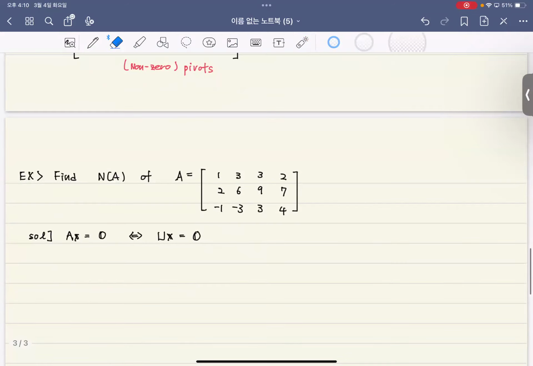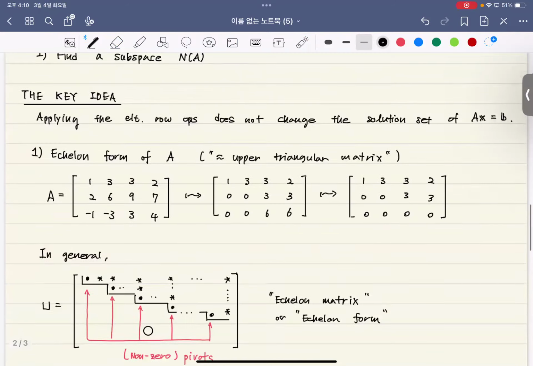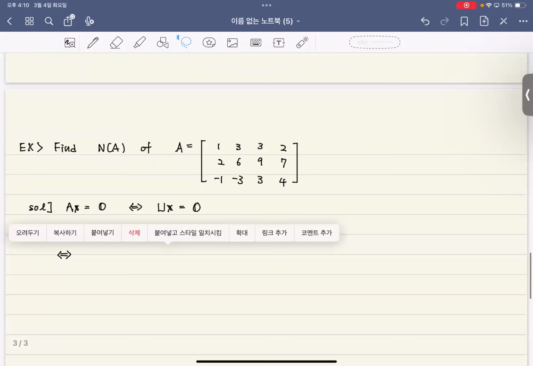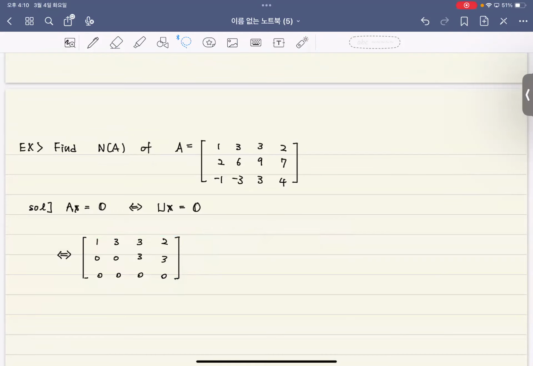Then this was my echelon form of A. This is U, V, W, Y, and everything 0, 0, 0.